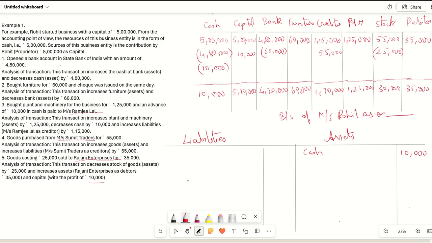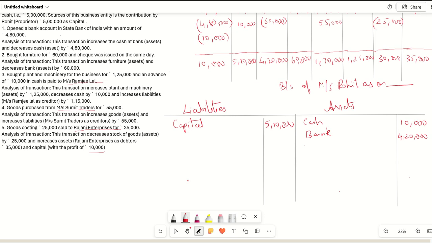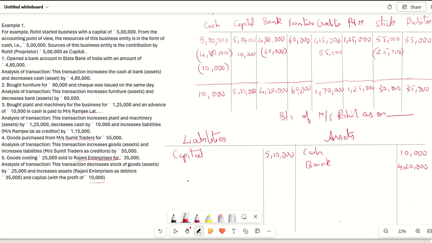Capital will go this side, that is 5,10,000. Bank is an asset, 4,20,000. Right. Then furniture, balance of 60,000.